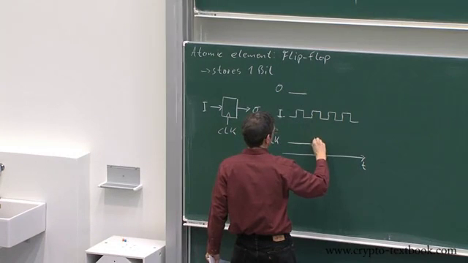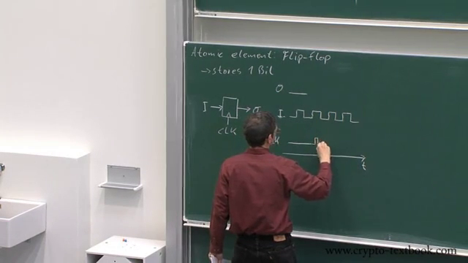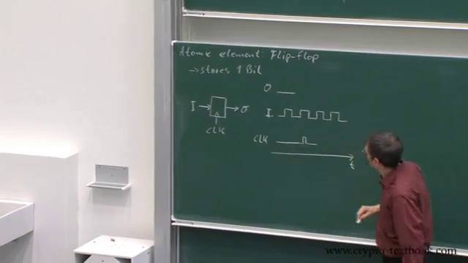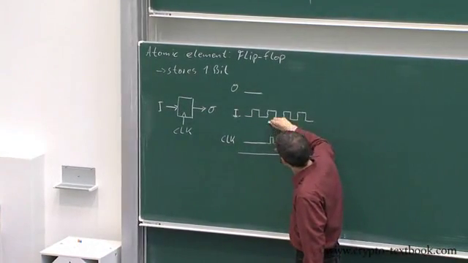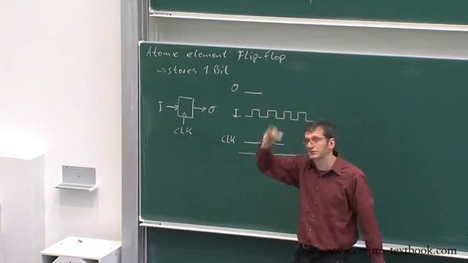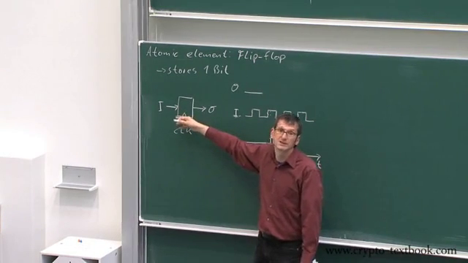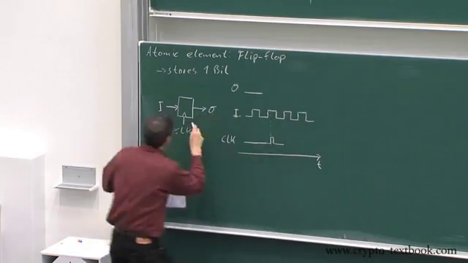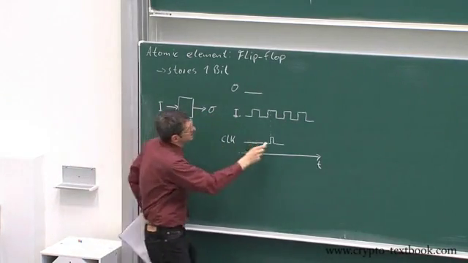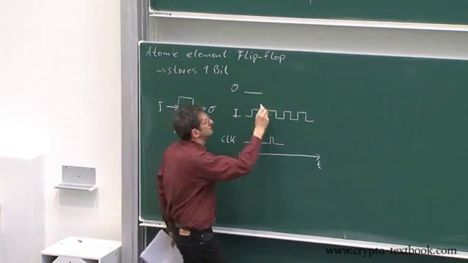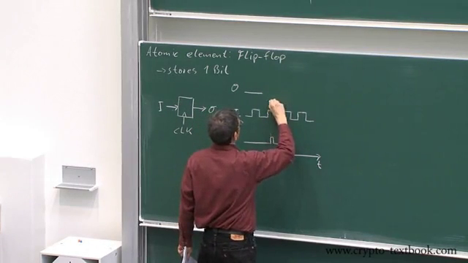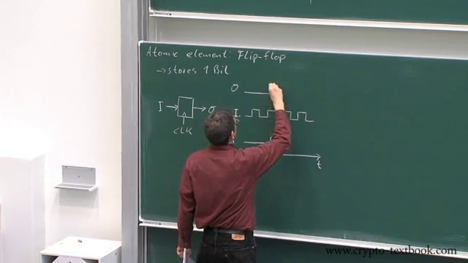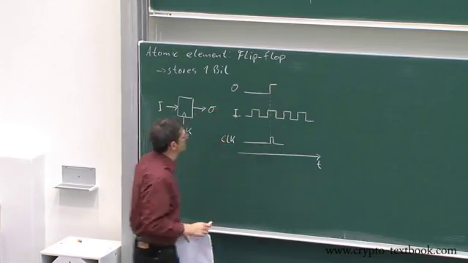But if at this moment, if you generate a clock pulse, what this clock, this rising edge of the clock tells this flip-flop is, please store the input, okay? So the flip-flop looks at the input here, and what does it see? It sees a logical 1 here. Okay, so that means at this point the output goes to 1.